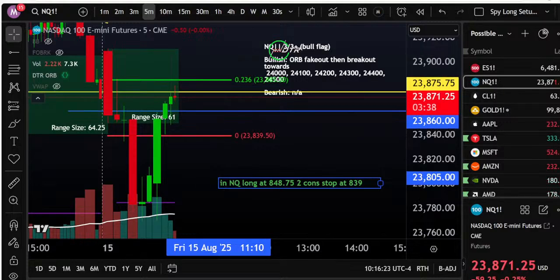Average price is 39. I don't want to be a hyper aggressive asshole. It's not worth it. Okay, keep pushing here. Keep pushing.